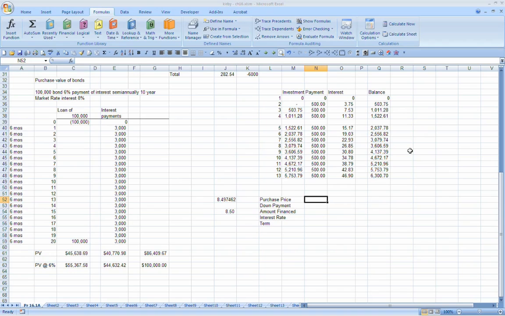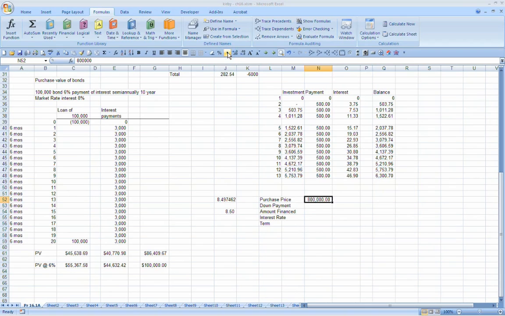So it's going to be a nice starter fixer-upper for, we'll call it 800 grand, right? Hey, it's Santa Cruz. Let's say we're going to make a 10% down payment, because that's what the bank requires. So the amount we're going to finance is $800,000 times 1 minus the 10%, which would be 90%.